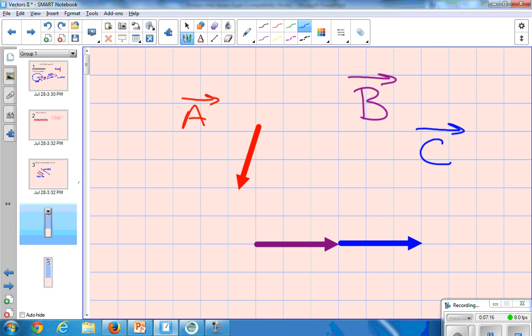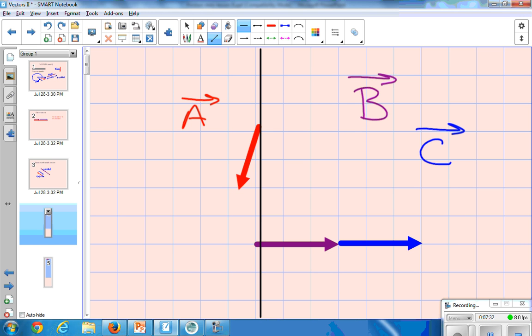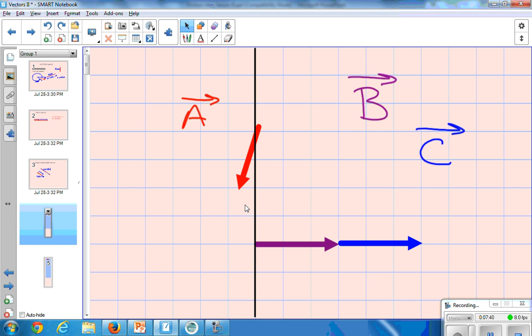Let's actually give them some numbers now. This is kind of a mathematical thing, so of course we need to deal with numbers. Let's actually put in some axes here. So I'm going to go ahead and just drop an x-axis. And I do want to line up with our grid.